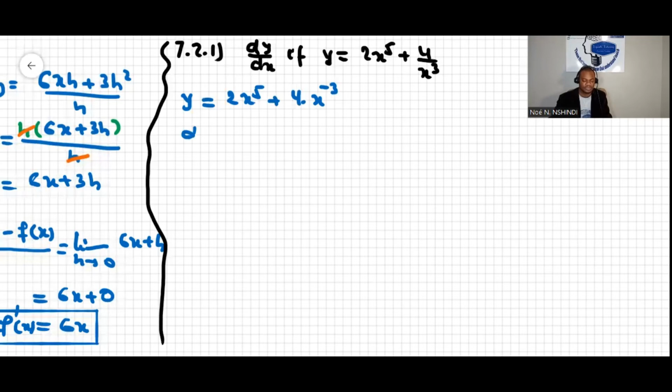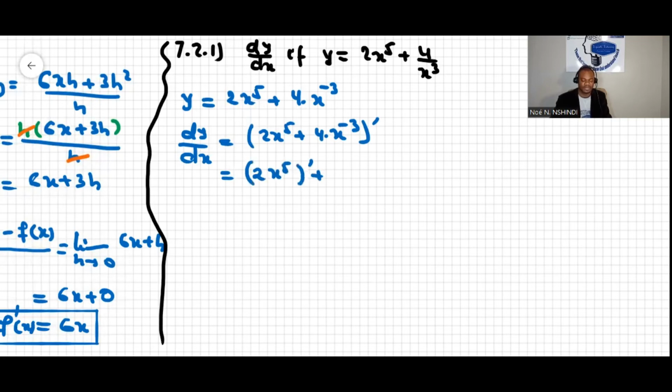So over here, dy/dx will be the derivative of 2x to the power 5 plus 4 times x to the negative 3. This means we have the derivative of 2x to the power 5 plus the derivative of 4x to the power of negative 3.